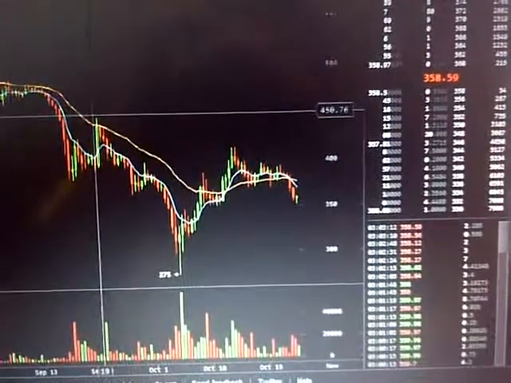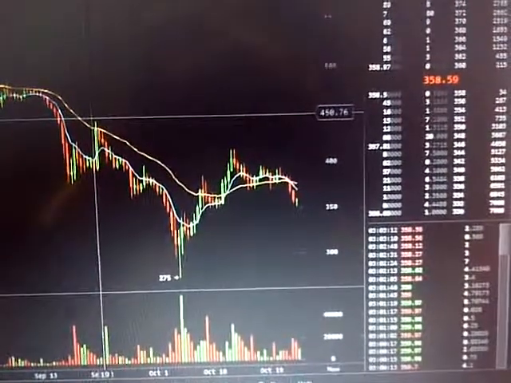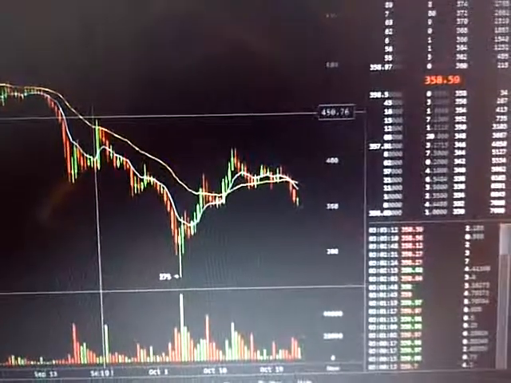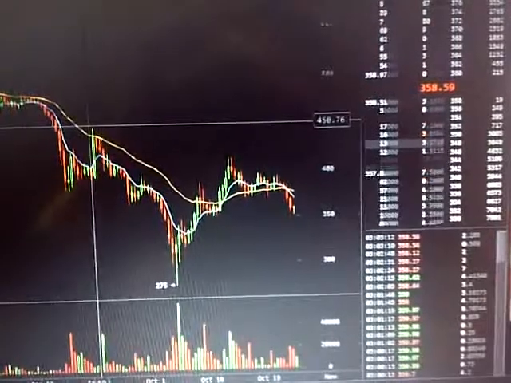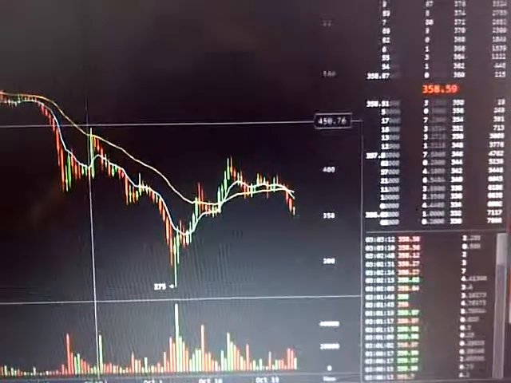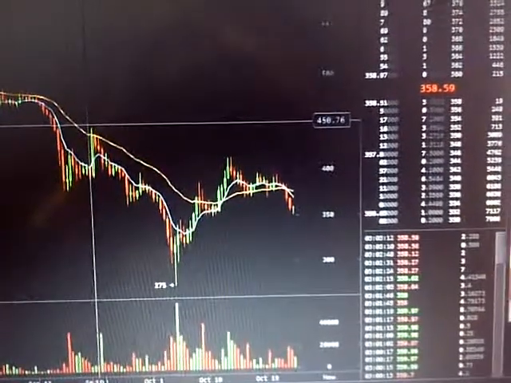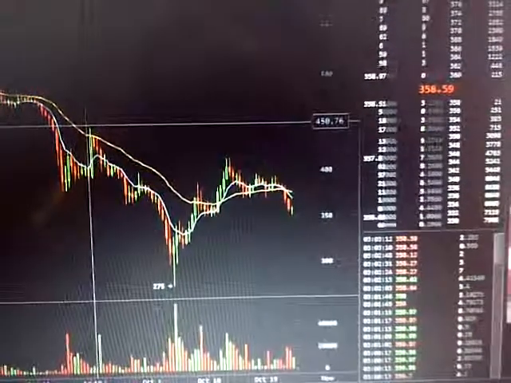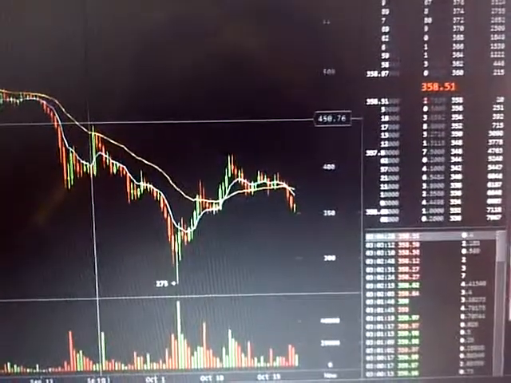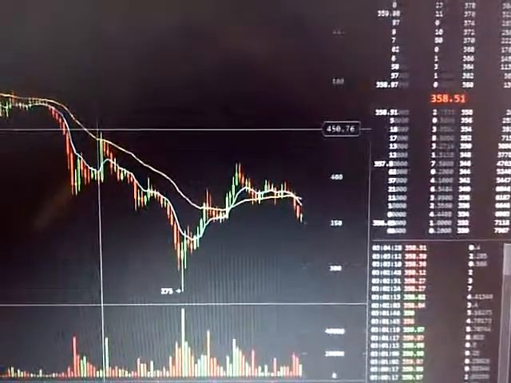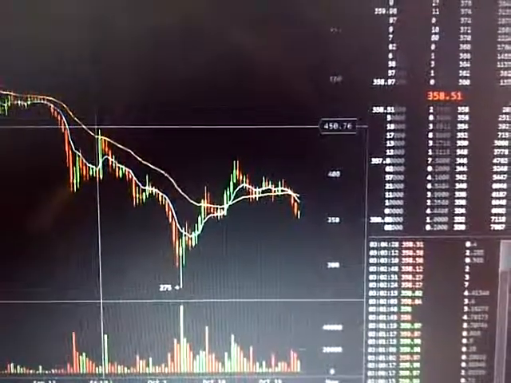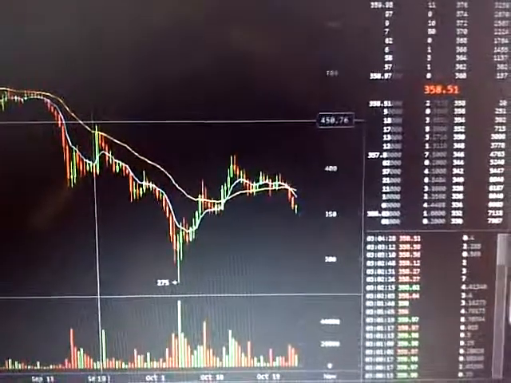I guess you can consider it inside trading, but you're not really inside trading. I mean, you're just trading, and based on the trades that you're doing with your buyers and sellers, you can get a good idea of the market pulse. If that makes sense. So take that into consideration in your trades.